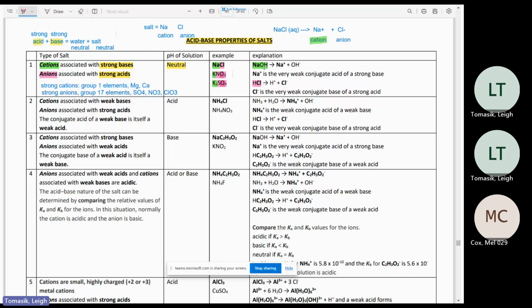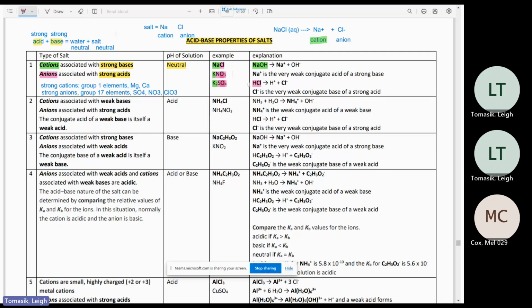Okay, the NaOH contributes the Na+, the cation, and the Cl- is the anion in HCl. So it says that Na+ is the very weak conjugate of a strong base, right? NaOH is a strong base, okay? And that means that when it dissociates, Na+ becomes a very weak acid, okay? So a very strong base, when it dissociates, turns into a very weak acid.